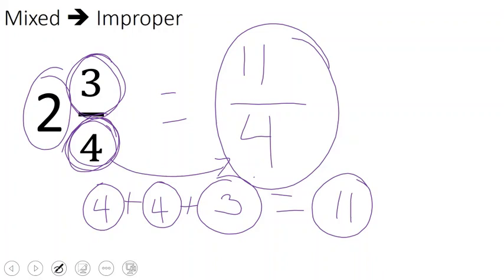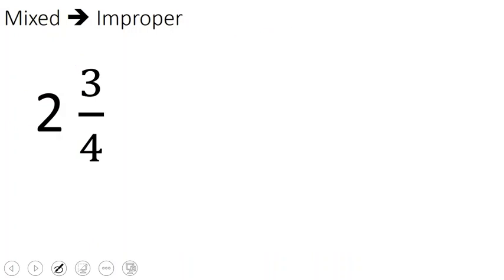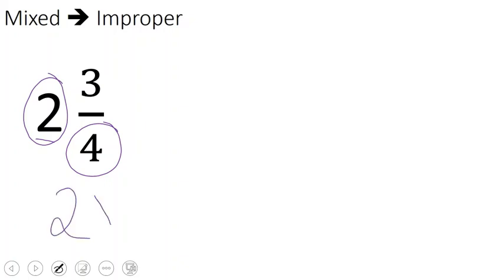Let's take a look at one more way to do this that doesn't involve a picture at all. To do this without a picture, we're still going to start with our wholes. We know that there are two whole shapes, and each one of those shapes has 4 pieces. So 2 whole shapes times 4 pieces each means that from my wholes, I have 8 pieces.